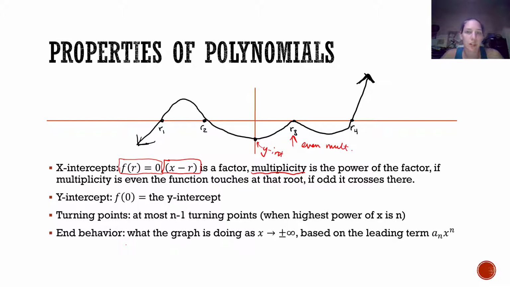And then the other piece that we want to talk about is end behavior. End behavior is describing what the graph is doing as x goes to positive infinity and negative infinity, these really far extremes. This is based on the power function that leads it. It's based on the highest power of x in that polynomial and its coefficient. That first term is going to take over.